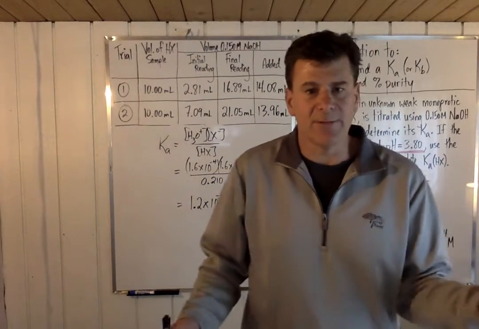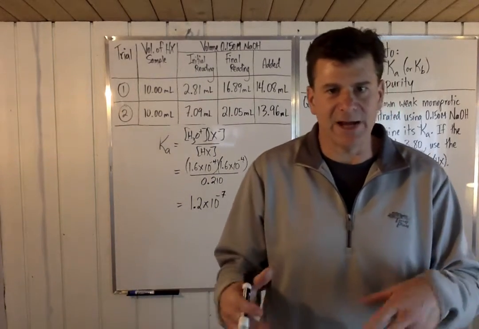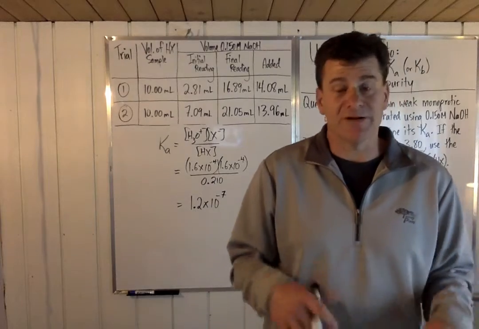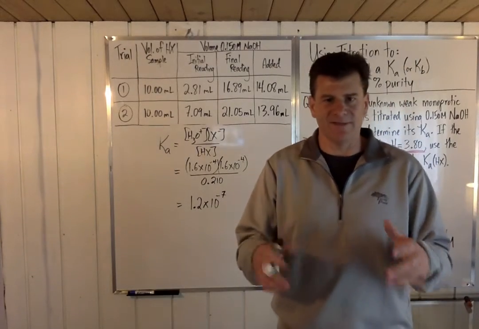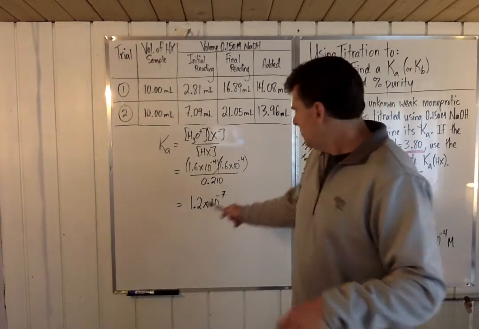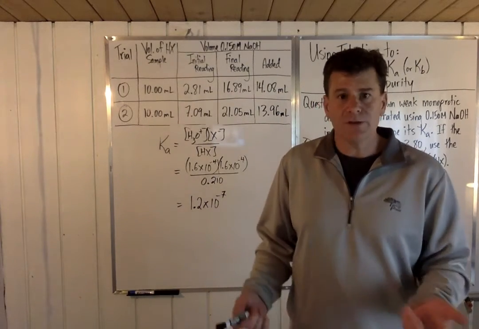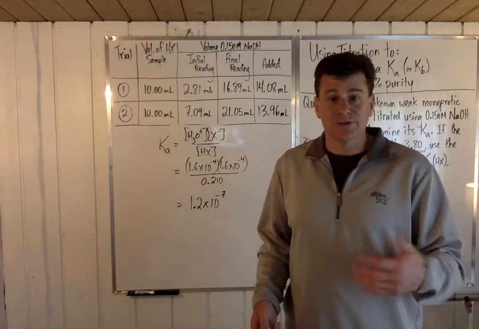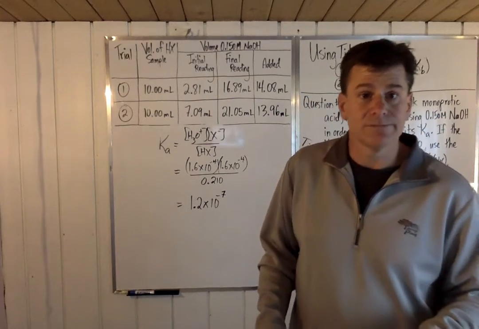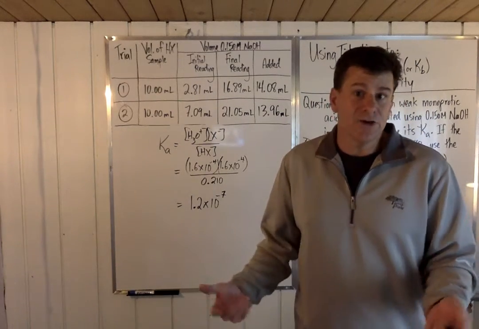And if it's a question made up for a test, it'll probably match perfectly because the teacher will make the numbers match. You can actually identify the acid using the Ka, as long as you know the temperature. So the Ka is an identifying feature, and that's how you go about doing it.